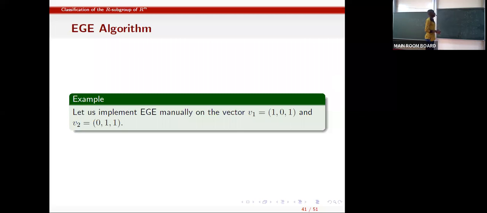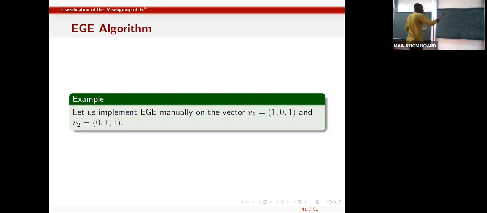So this algorithm that I'm describing, this procedure, we call it EGE, expanded Gaussian elimination. Gaussian elimination is making some operations. Since we are working on a near field, we extend it.